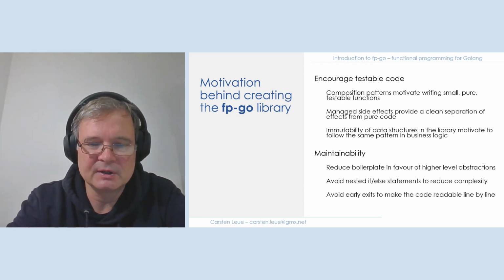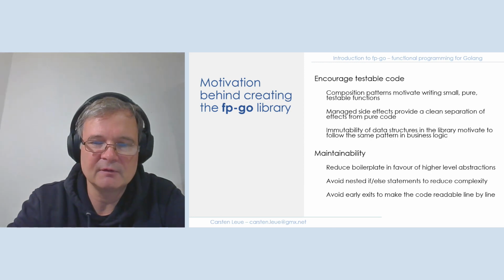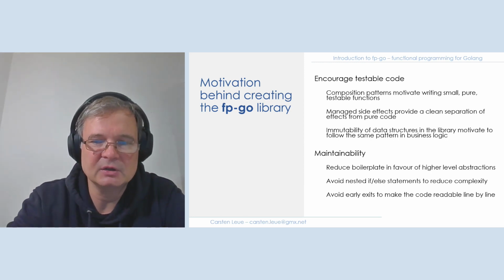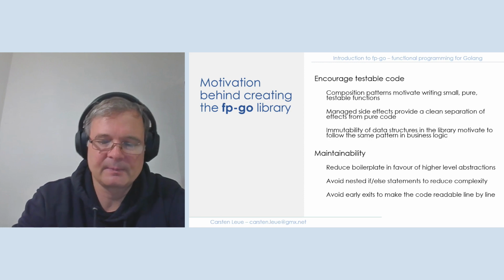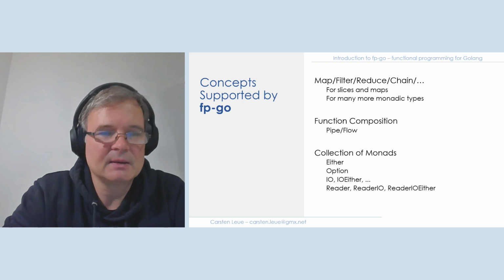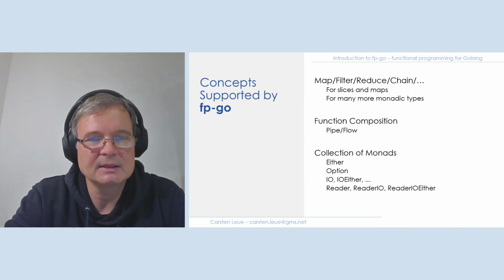And since it's always using the same composition functions, it's easier to read. Using monads such as option, for example, avoids nested if-else statements, which again, in my eyes, reduces complexity. So in the second part, let's step into the FPGO library and see how this looks in practice and in reality.